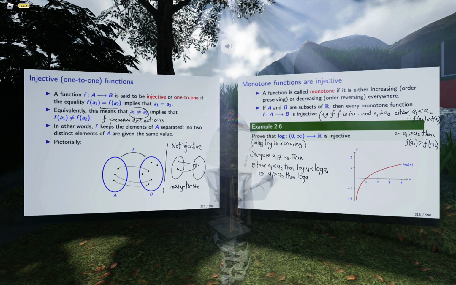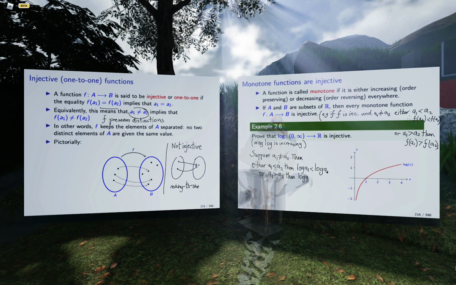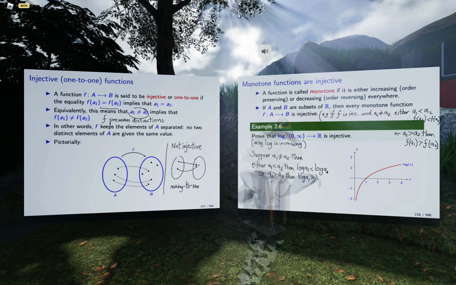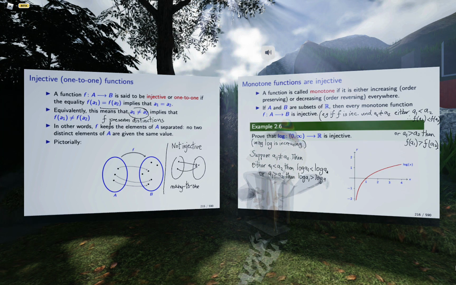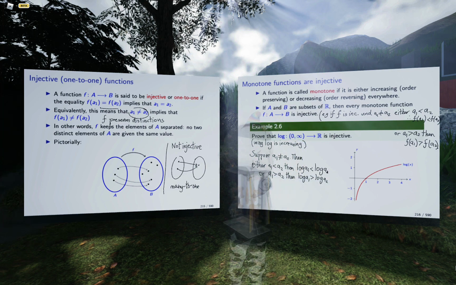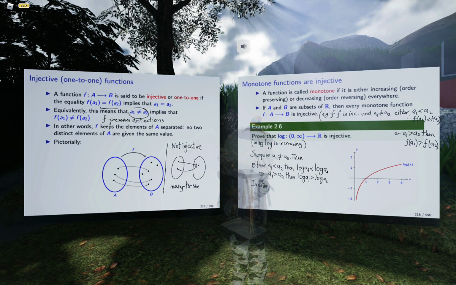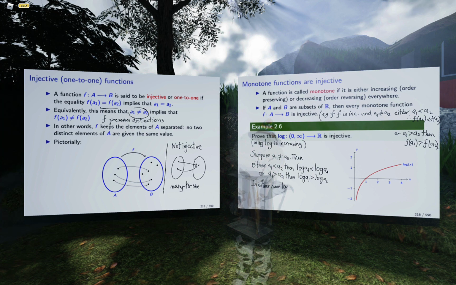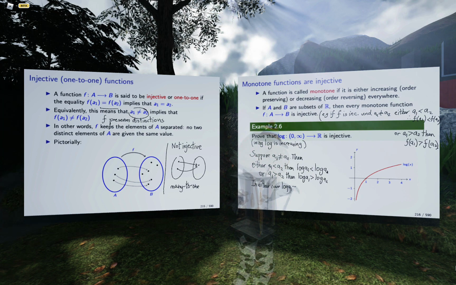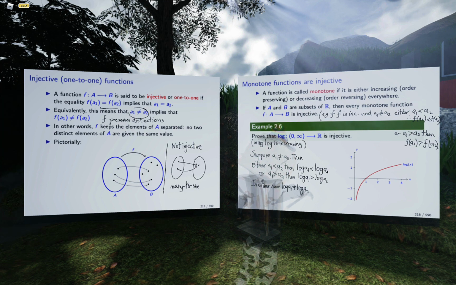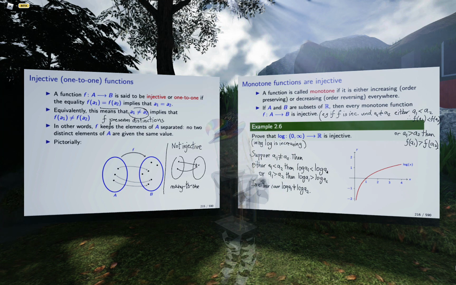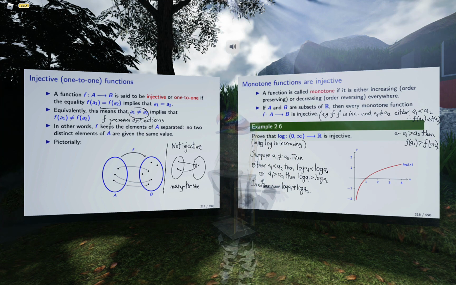I mean, increasing is the same as order preserving. So log A1 is greater than log A2. In either case, the outputs are not equal. Which is what we need.